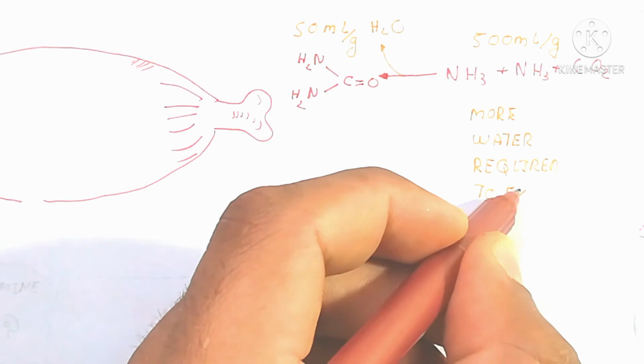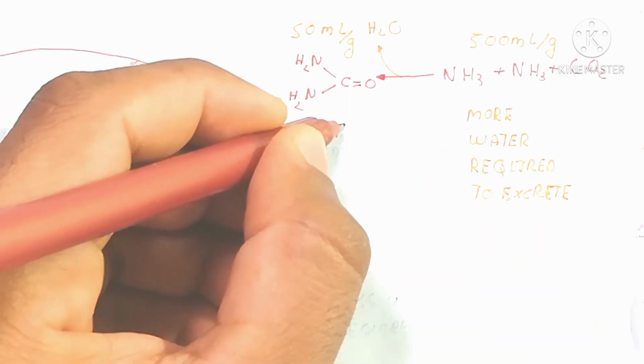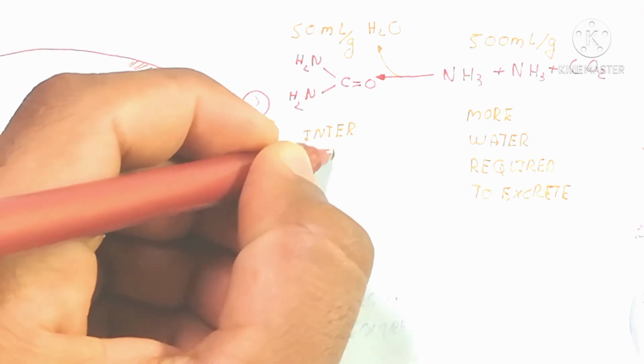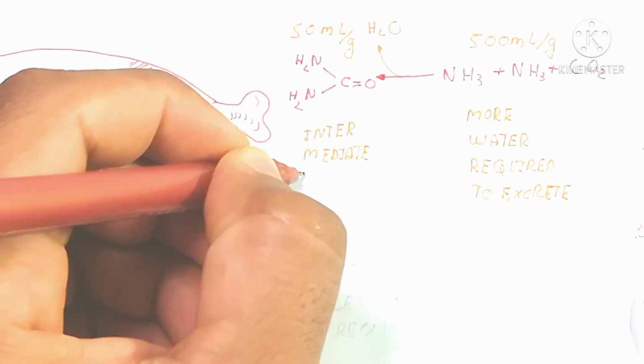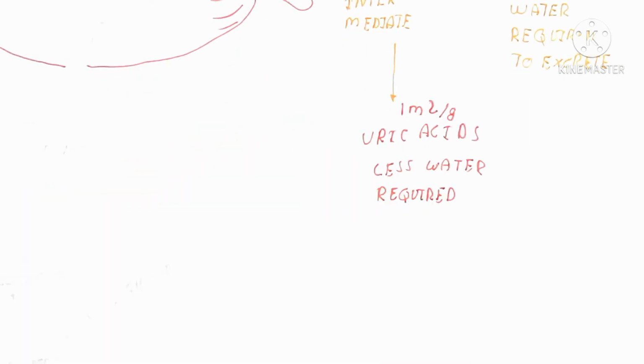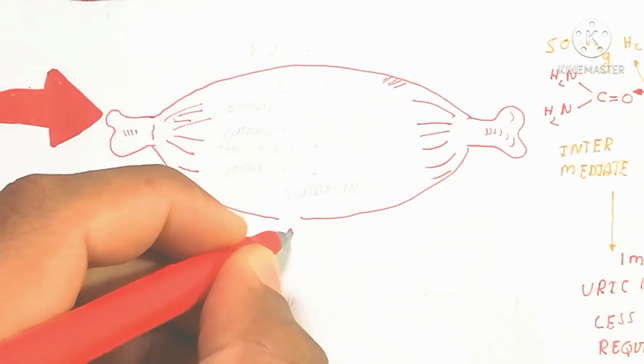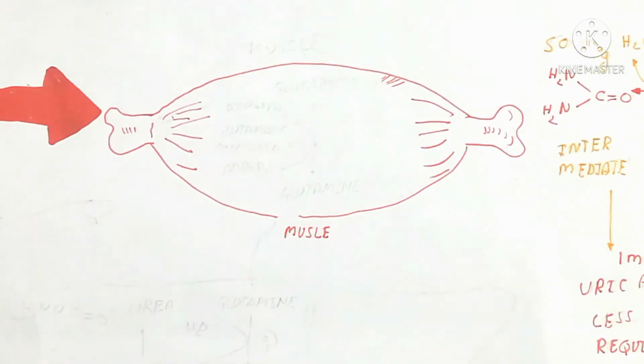On the other hand, uric acid, which is a more complex compound, is present in birds for excretion due to the lesser amount of water required: 1 ml per gram of uric acid is required.